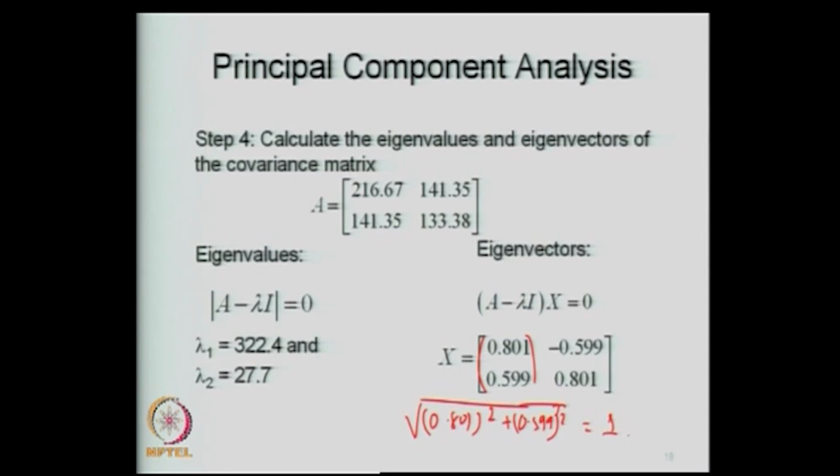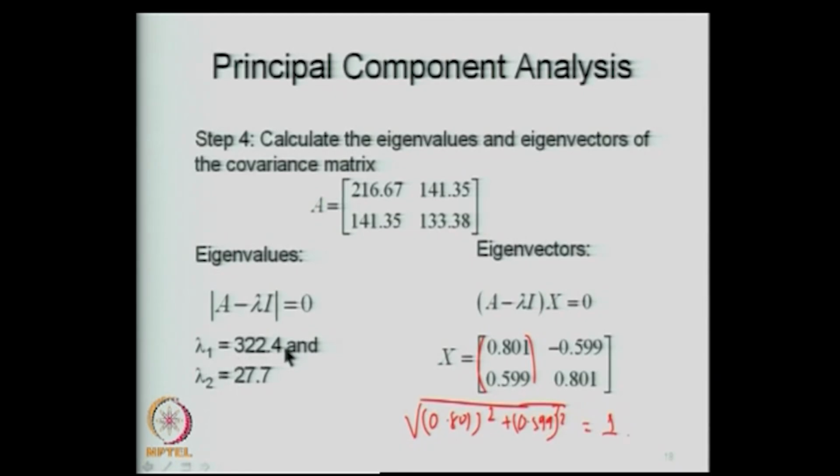So, starting with your original data, first you transform the original data into data consisting of deviations from the mean, and then you also formulate the covariance matrix, and this is the covariance matrix here. The covariance matrix is a square matrix of size p by p, p is equal to 2 here because you are dealing with 2 variables. Once you get the covariance matrix, you get the eigenvalues of the covariance matrix. Because it is of size 2 by 2, you will get 2 eigenvalues in general.